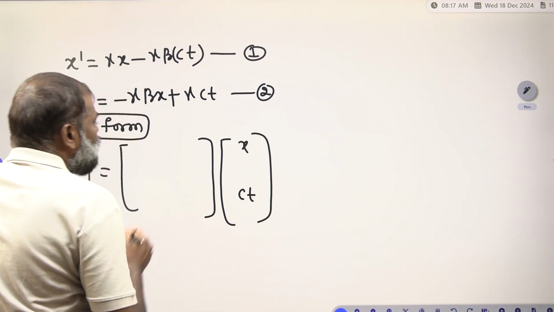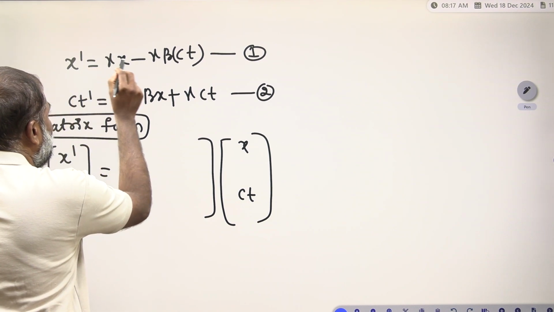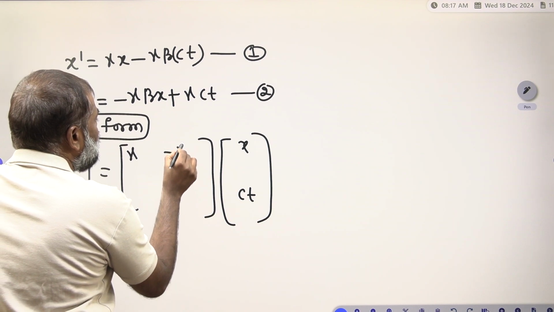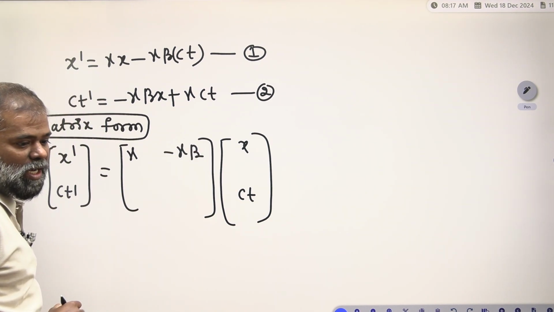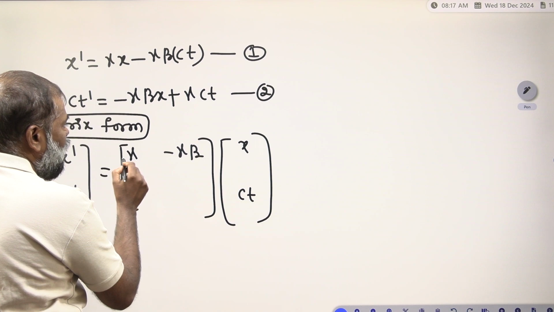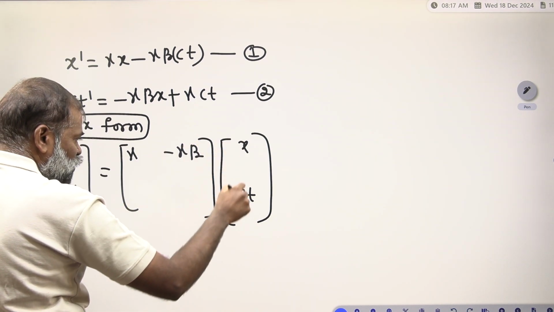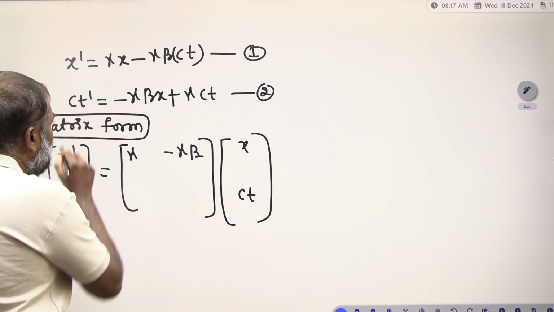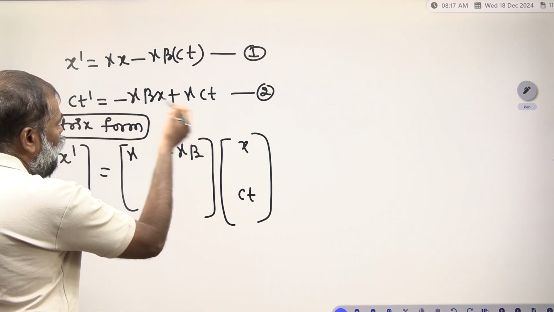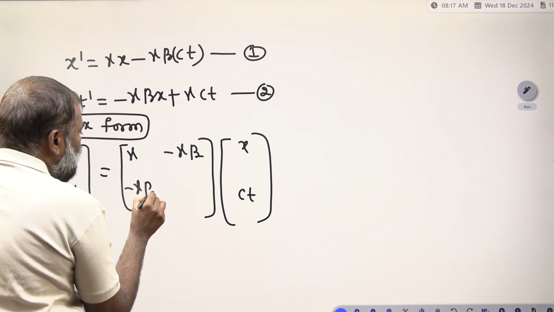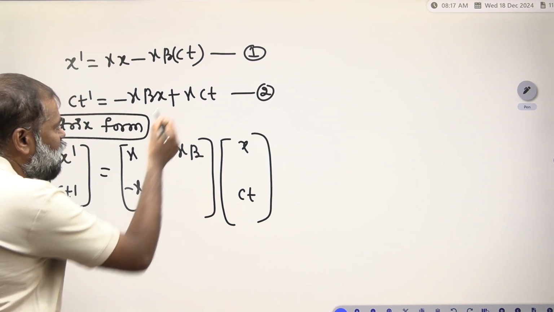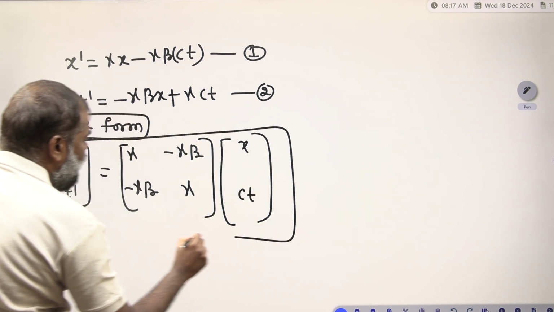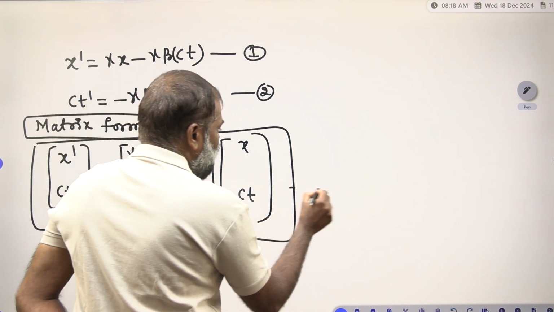The x dash is equal to gamma x minus gamma beta Ct; multiplying first row into first column gives the same equation number 1. Next, Ct dash is equal to minus gamma beta times the x coordinate plus gamma times Ct. This is the equation number 3.